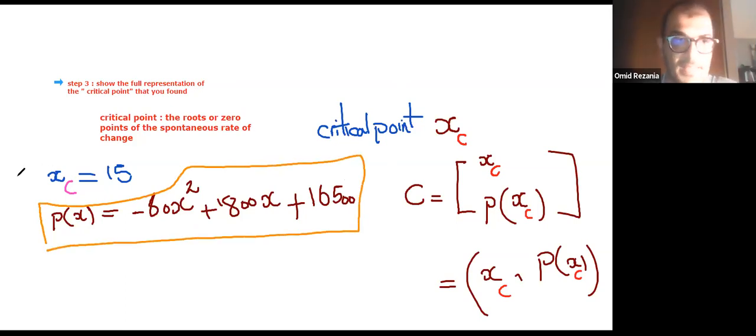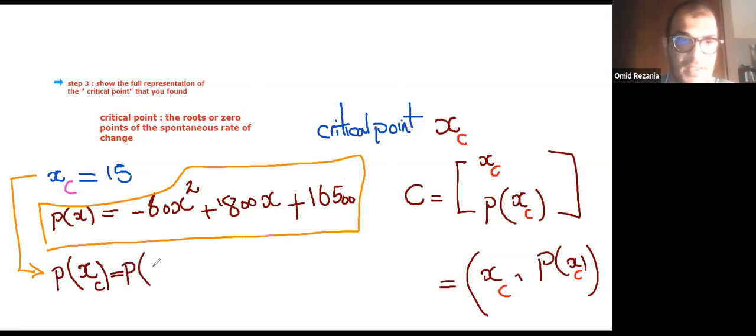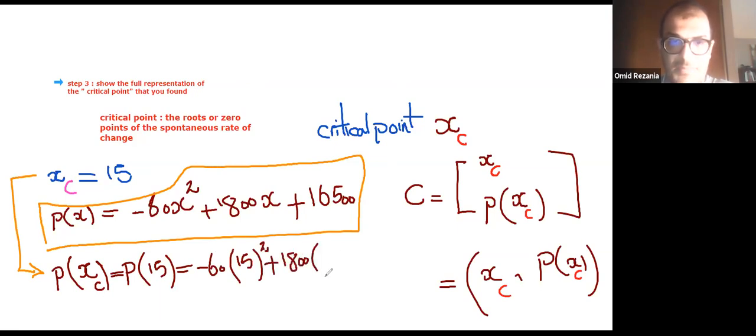Now, if I just want to find p of xc, it means p of 15, and I plug it in there. How much is that going to be? It becomes minus 60 times 15 to the power 2 plus 1800 times 15 plus 1650.